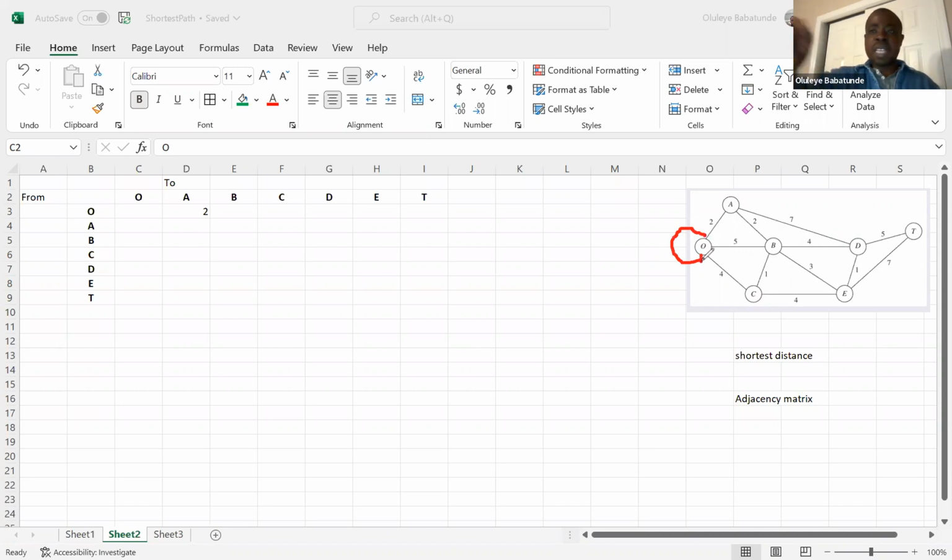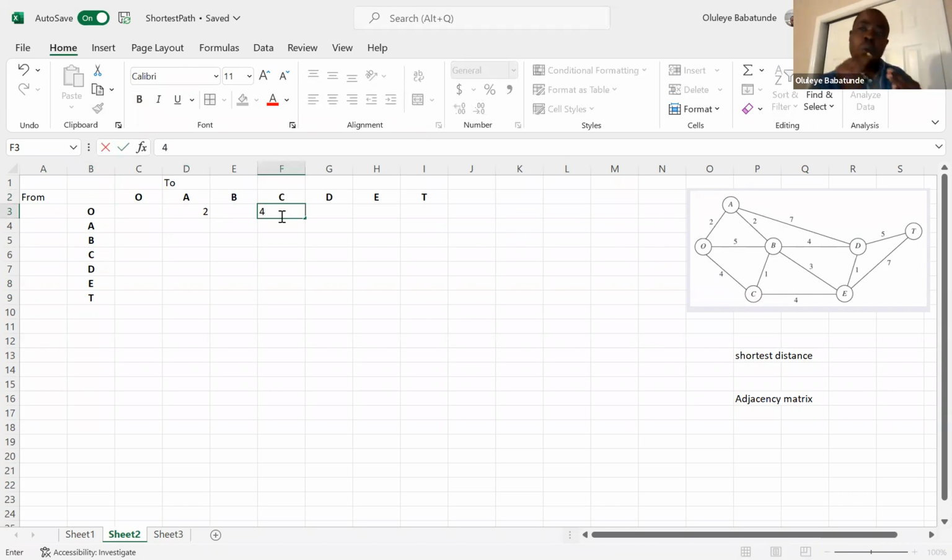There is nothing like starting from one node and coming back to the same node. So there is no O to O, and I can move from O to A according to this network, and O to A is 2. And I can move from O to C. O to C is number 4.